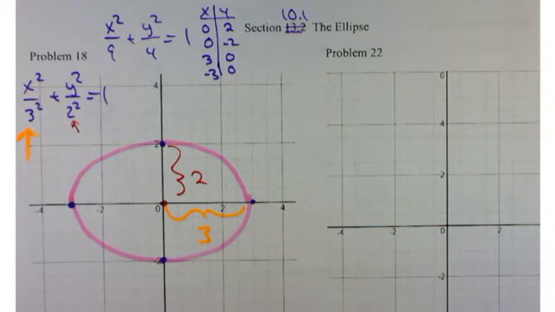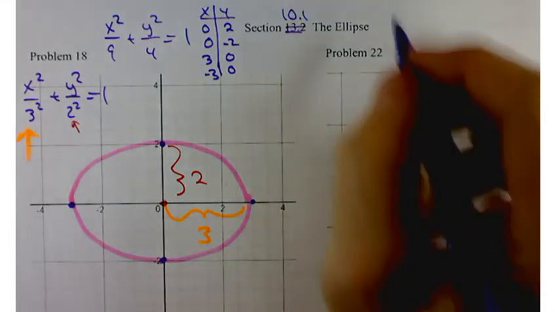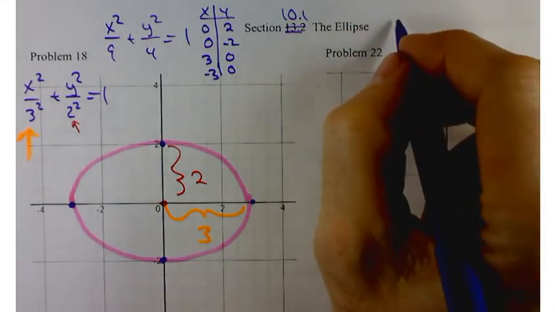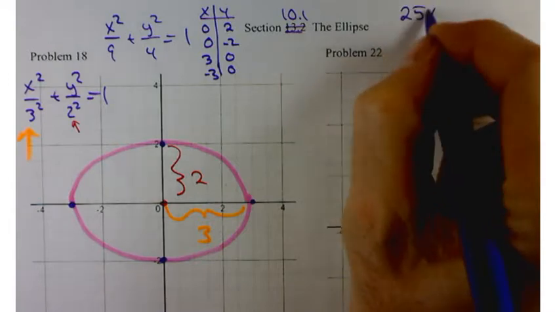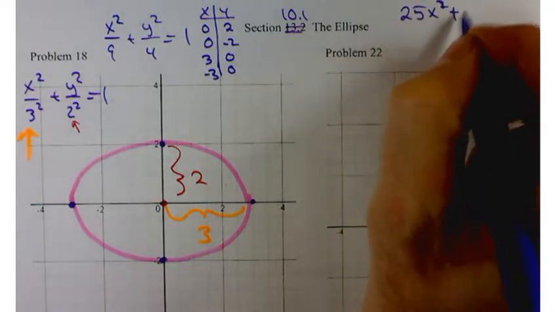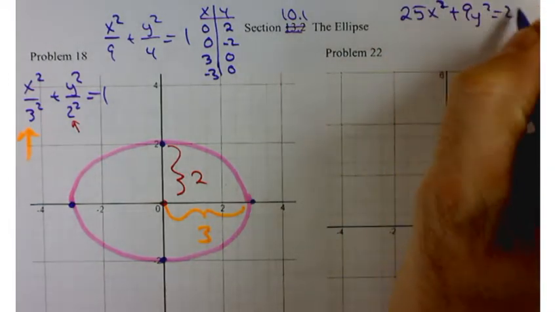Nice. So let's see that again for a different one, and that is this one right here. 25x squared plus 9y squared equals 225.